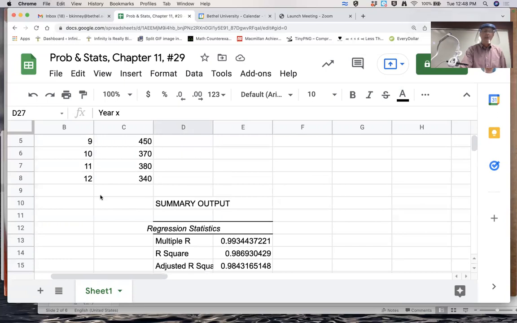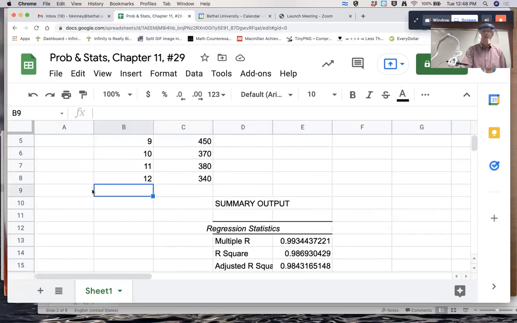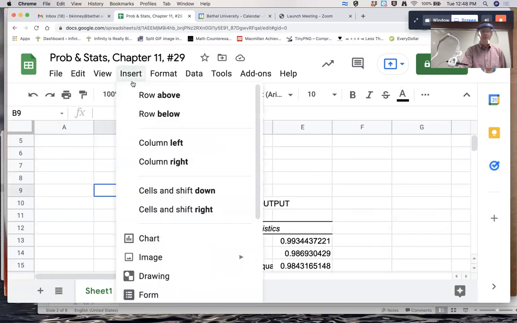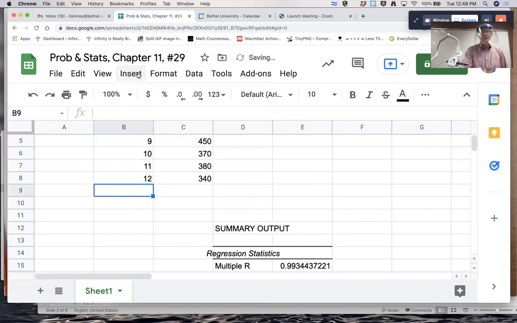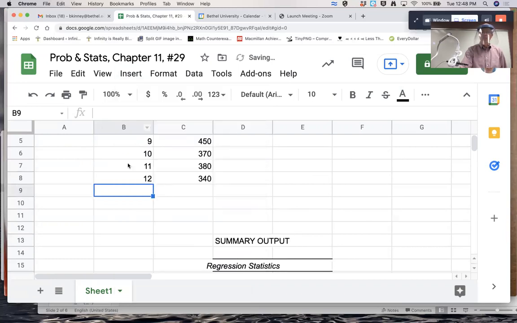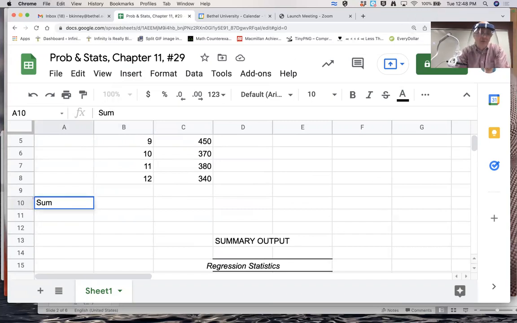Let's confirm the answers here by doing what we did last Thursday as quick as we can, partially for the purpose of just reviewing some formulas that I showed you last Thursday. Let's put a row for the sums, a row for the means, standard deviations, correlation.